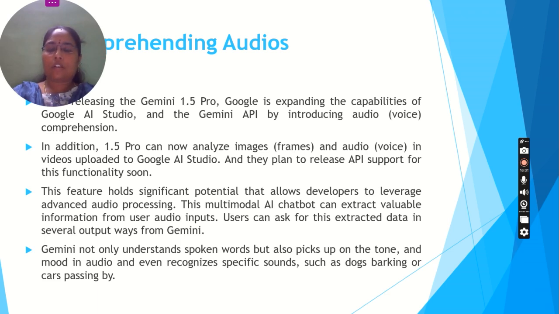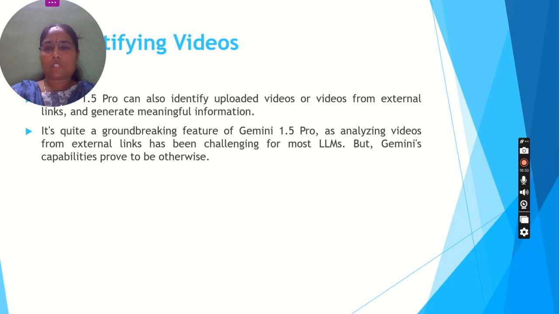It also extracts the audio inputs, and when we ask questions related to the spoken words in the audio, it can identify the things, and it also recognizes the sounds, whatever is given as an input. It could recognize some other things too, not only in the audio, but it is able to recognize what it is, and it can process other things also.